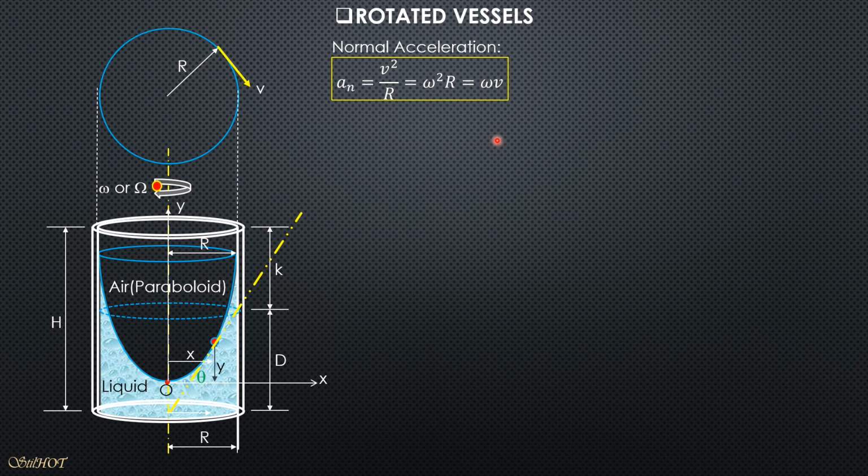So therefore, the expression for tangential velocity v is also omega times radius. So that's why here, if you break omega square into omega r, and replace omega r by v, we have another expression for normal acceleration.